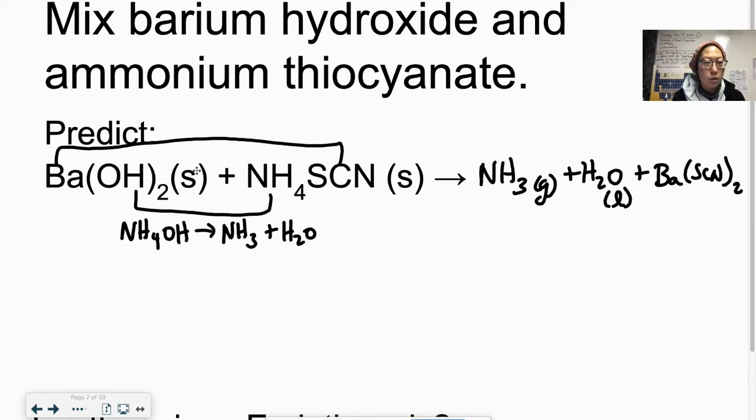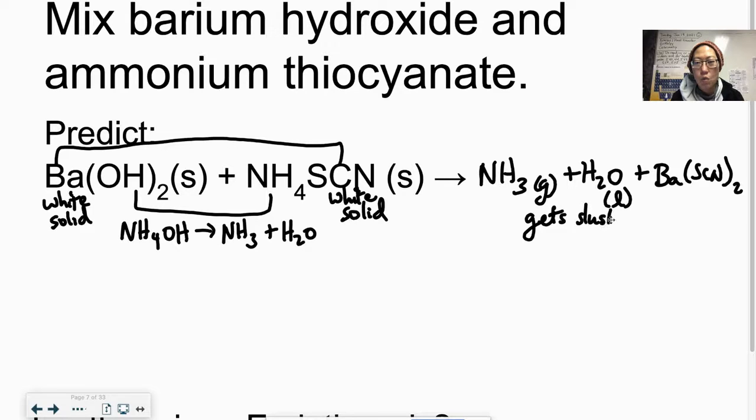So when I mix these two powders together, this is a white solid. You can see a slush forming, it gets slushy. And the reason why it gets slushy is because you have water being released.